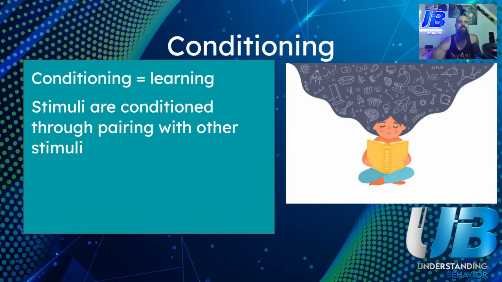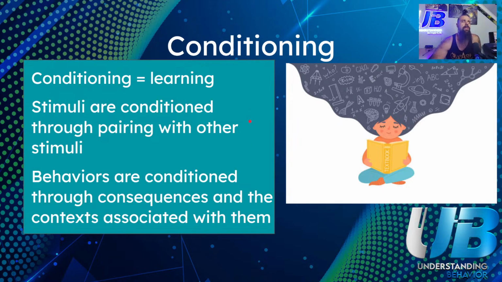So in respondent conditioning, we're looking at the conditioning of stimuli. We can have stimuli that are conditioned through pairing with other stimuli. And then behaviors are conditioned through consequences and the context associated with them.